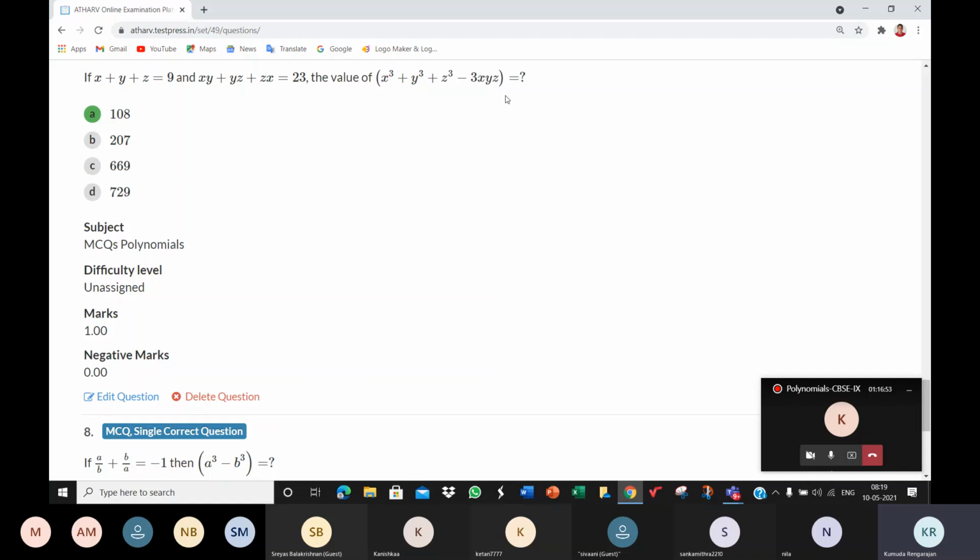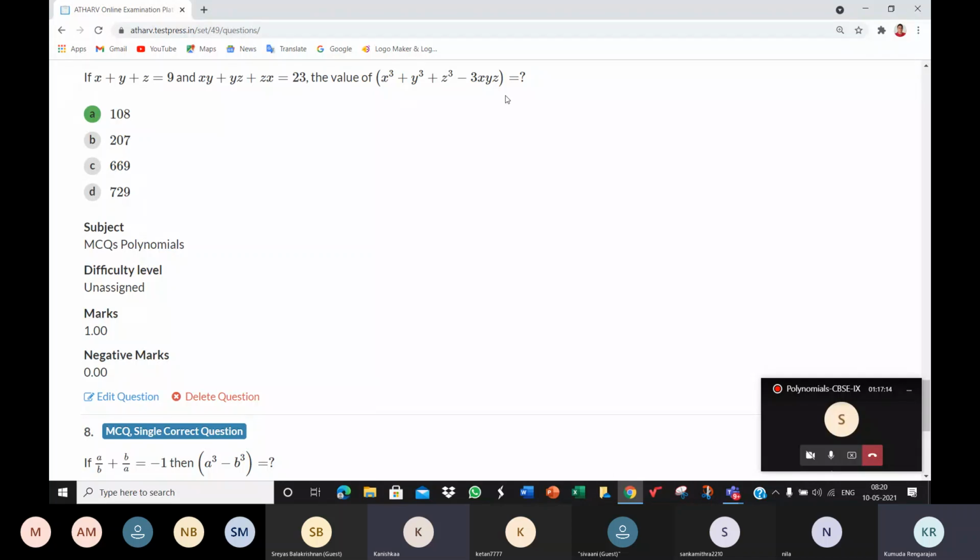So tell me, children, somebody other than Kanishka, what is the meaning? We need to find the value of each expression. We need to find the value of.